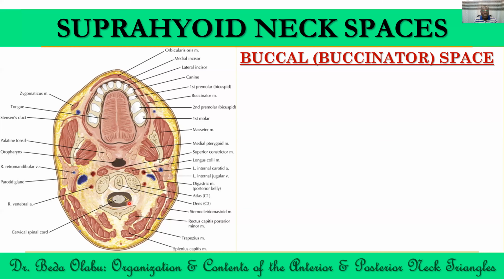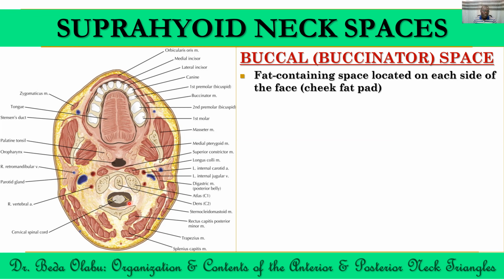We can now talk about the buccal space, which we also call the buccinator space. The buccal space is also continuous with the masticator space. Actually, some people look at them together, but we'll consider them separate in this particular context. It's a fat-containing space located on either side of our cheeks. Actually, it is the one that forms a cheek fat pad. So in this particular region, this is the buccal space.